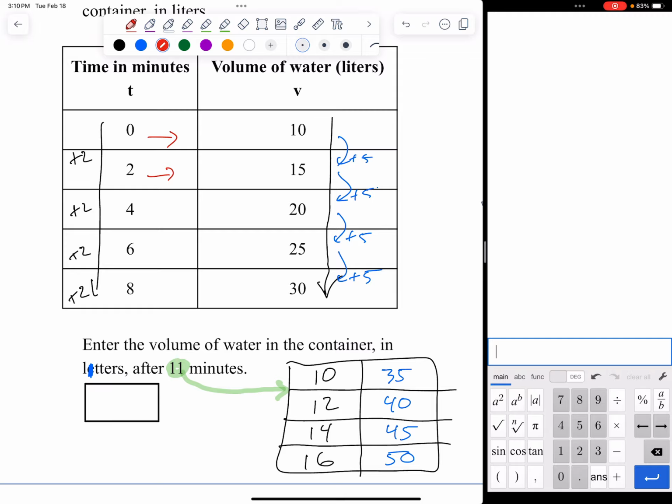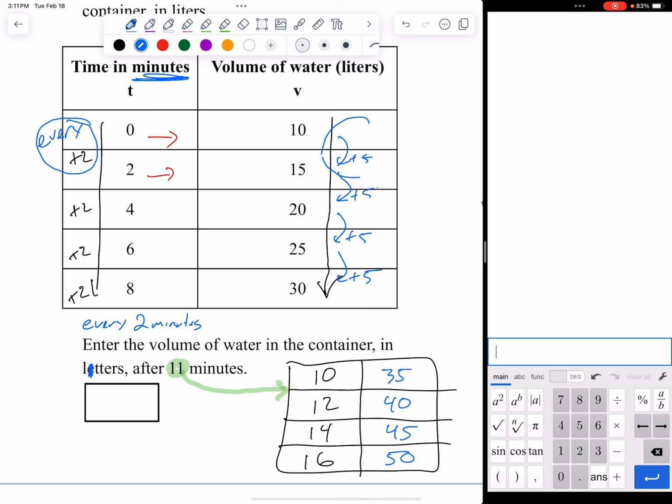Let's see. So if I look at the pattern here, here's my language, super important language. So every 2 what? 2 minutes. So every 2 minutes, what happens here?